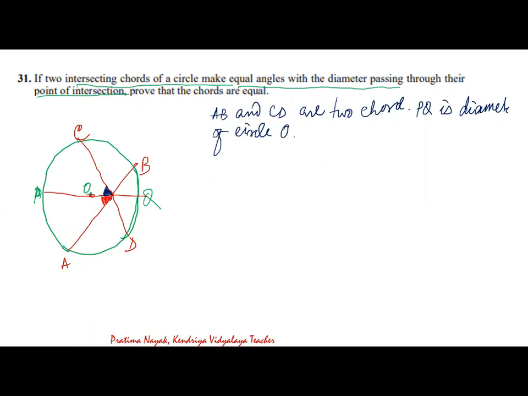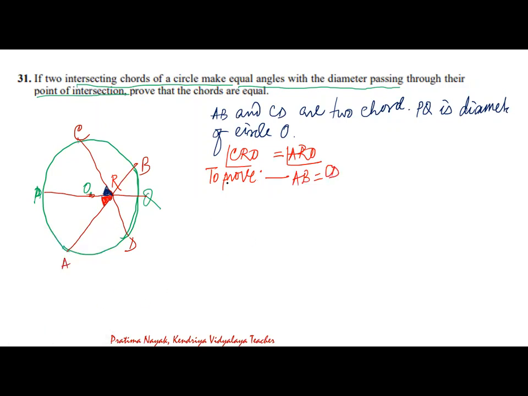They are intersecting at R, so angle CRO is equal to angle ARO. To prove: AB is equal to CD, the length of AB is equal to the length of CD.